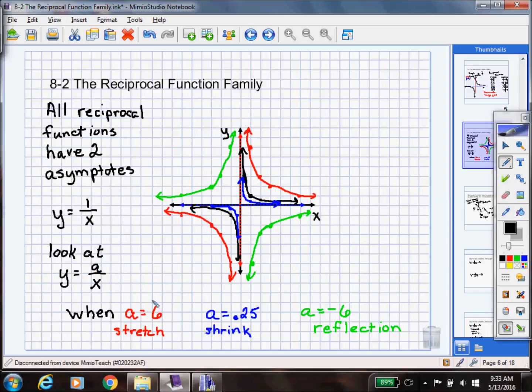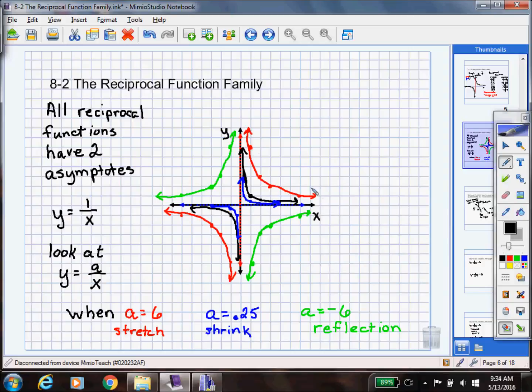The graph done in black is the 1 over x graph, but when you take a equals 6, in other words we put a 6 over top and do 6 over x, we get the idea of a stretch. It stretched it away from where the black graph was and brought it up to where that red graph is. Notice that it takes it a little bit further away from the asymptotes, but it keeps the same asymptotes.